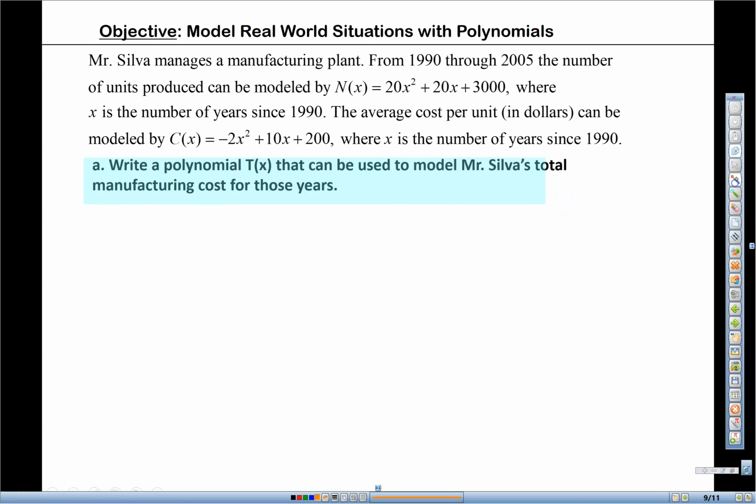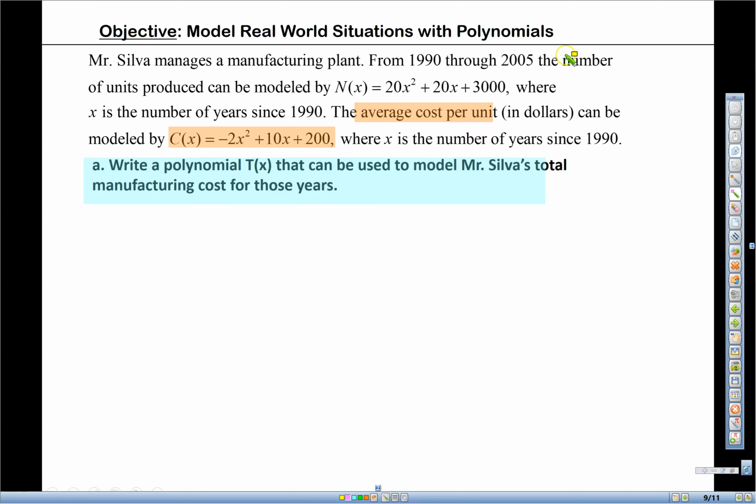So remember that the c of x isn't total cost, it's average cost per unit. Let's say that he was making plates. That means on average each plate cost c dollars, where c is like c of x. So that's like the average cost for one plate if our units were plates.